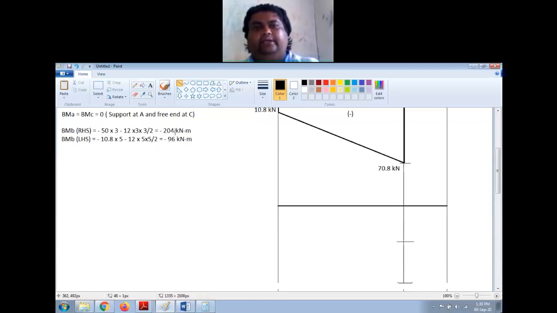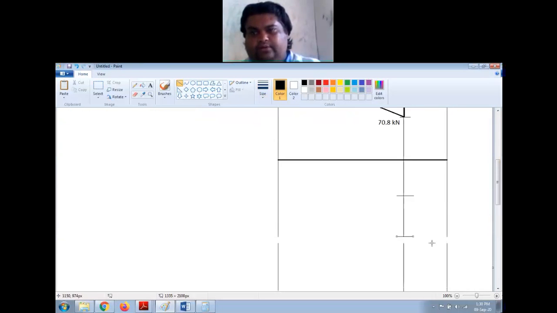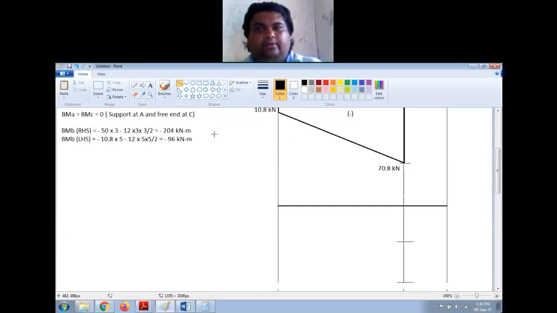So let me just mark these 2 points. Right hand side it is minus 204, so it will be like this and like this. I will have to draw a parabolic curve between these 2 points.